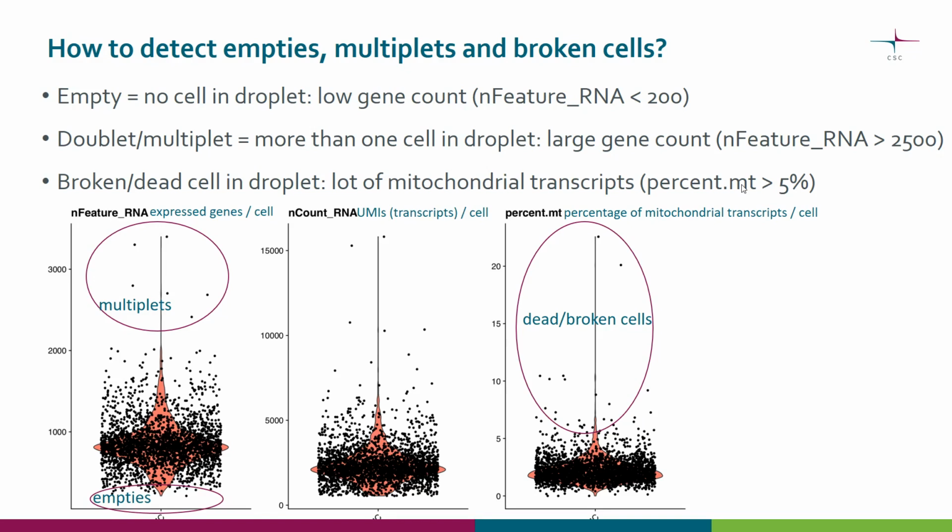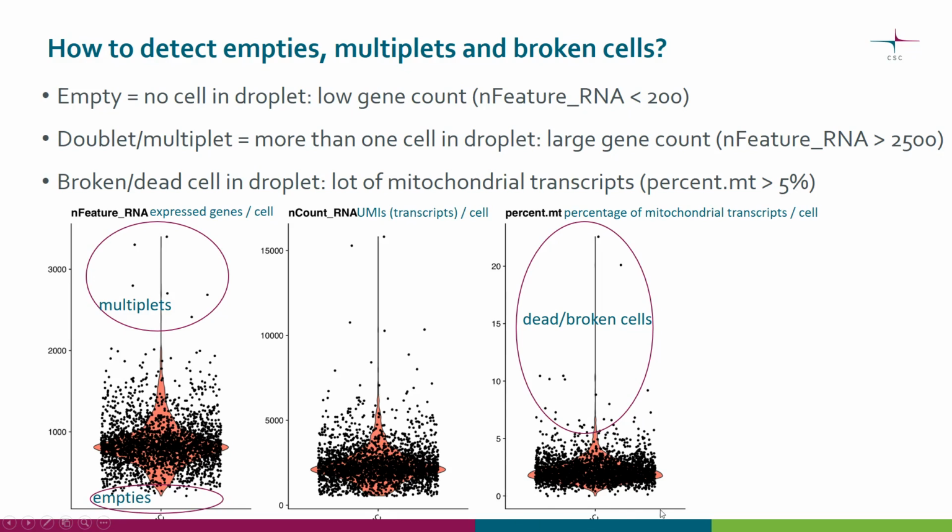Well, if the cell is broken or even dead, the normal transcripts have probably degraded already, while the mitochondria, because it's a separate structure, the mitochondrial transcripts might still be more available or intact, and hence the percentage of transcripts of mitochondrial origin can be high.